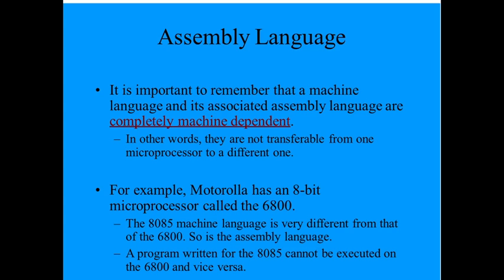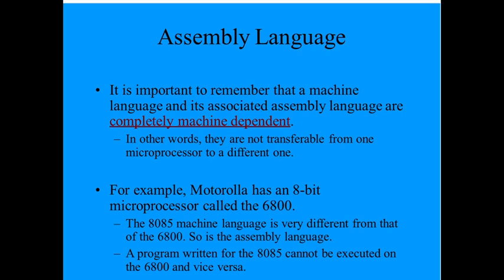It is important to remember that machine language and its associated assembly language are completely machine dependent. That means a program written for a particular microprocessor is not directly transferable from one microprocessor to another. For example, Motorola has an 8-bit microprocessor called 6800.